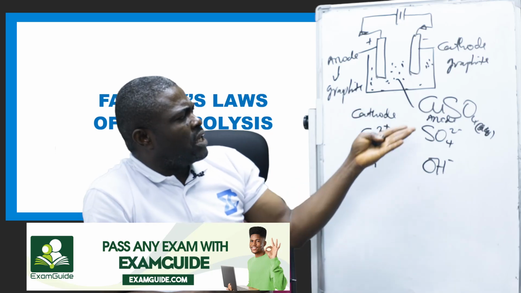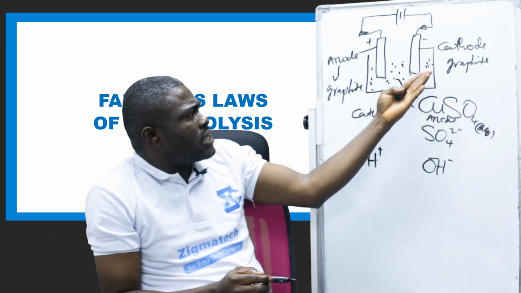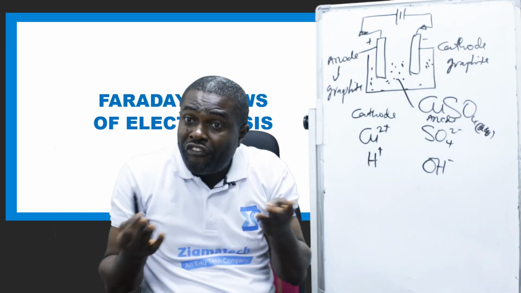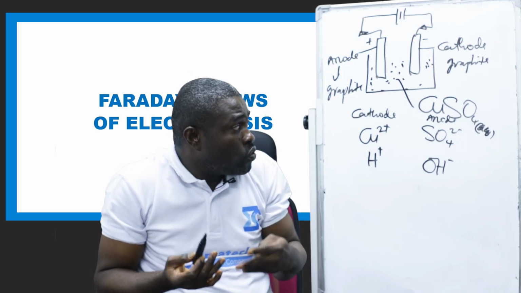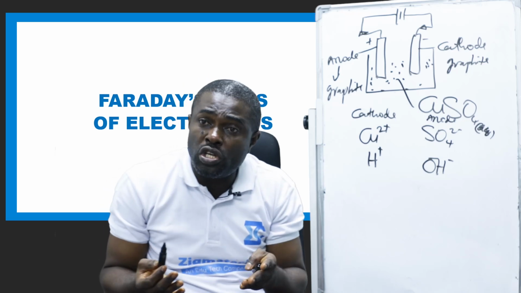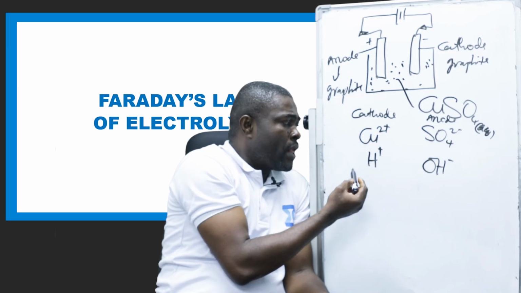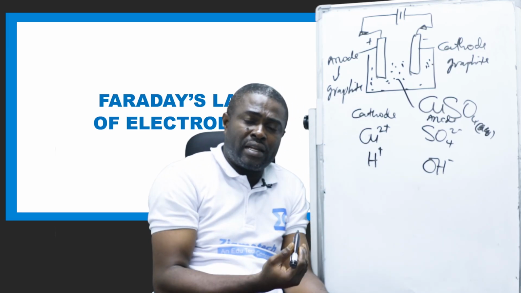In as much as the compound is not concentrated, and the electrodes are inert, the factor that will tell us which ion will be discharged is the position of the ions in the electrochemical series. Looking at copper 2 and hydrogen ion, copper is less reactive than hydrogen.